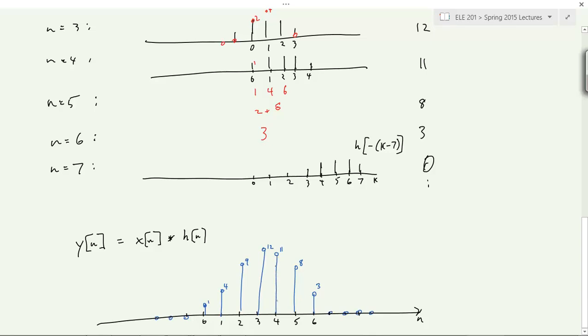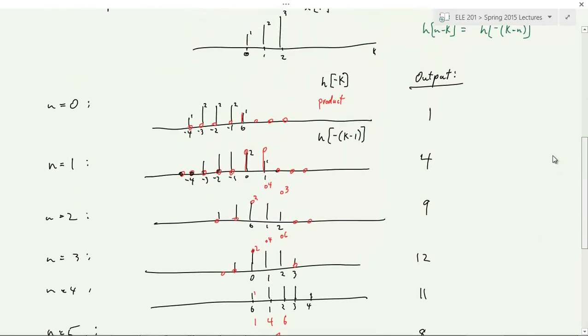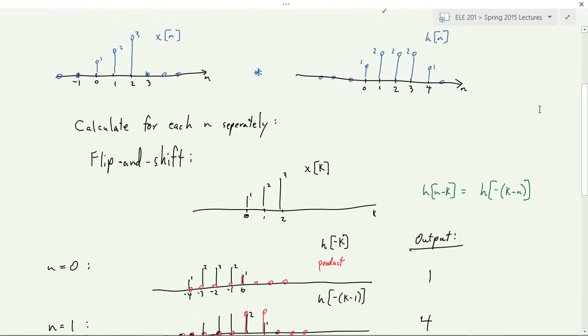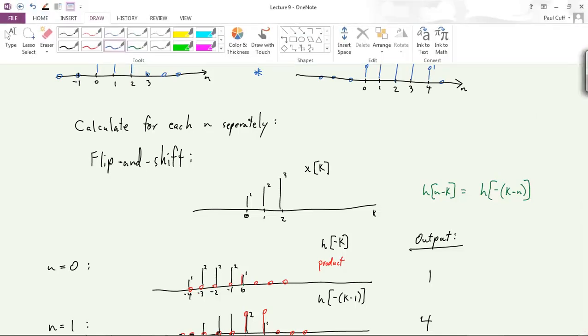All right, so some things to notice. First of all, you can think of this h as being a weighted average of x. Let's say x is some input signal, and we're doing a weighted average defined by h. Why would I call this a weighted average? Well, because notice this is your weighting function right here.